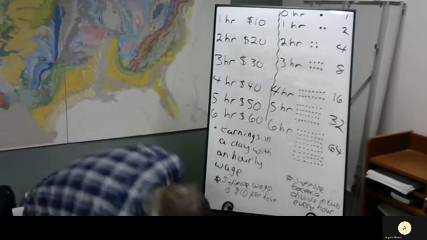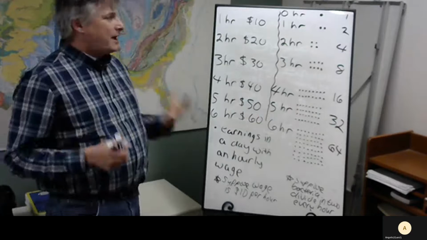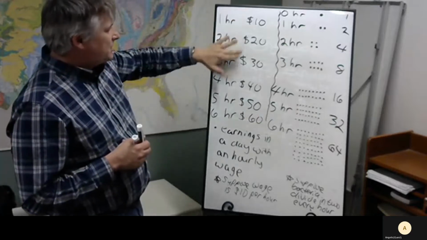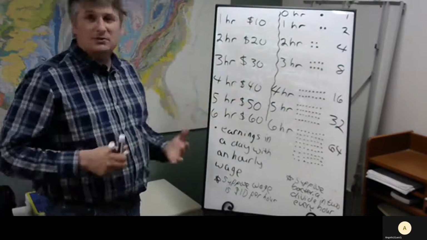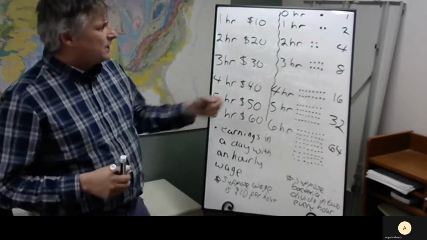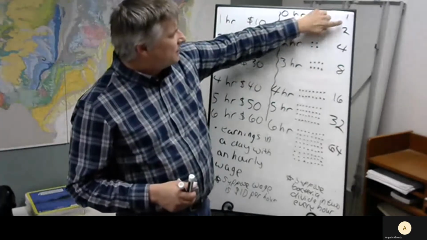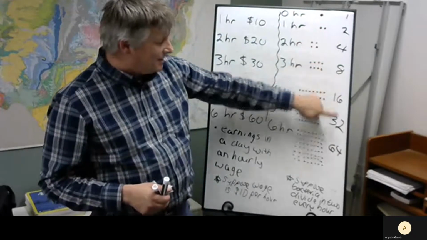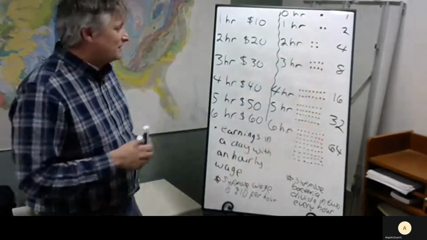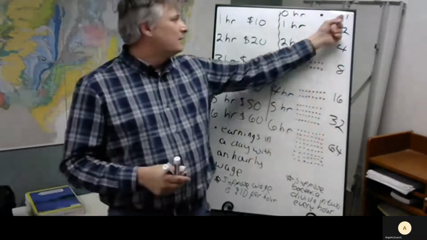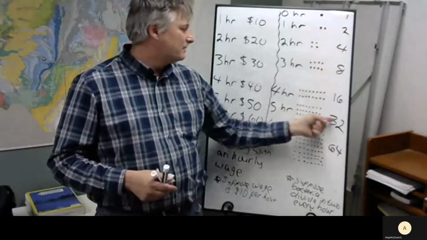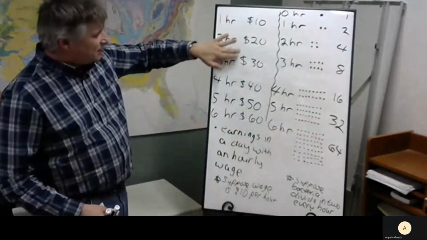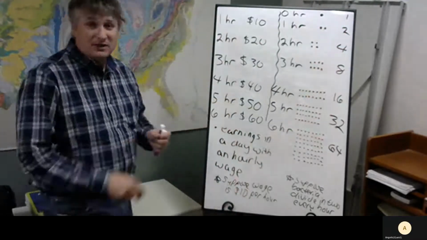So this is the difference between exponential growth and linear growth. The difference between each hour for your wages is $10. Here the difference is 1, 2, 4, 8, 16, 32. So the difference between each step is getting bigger and bigger and bigger, while the difference here is staying the same.